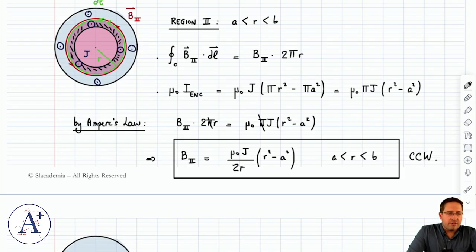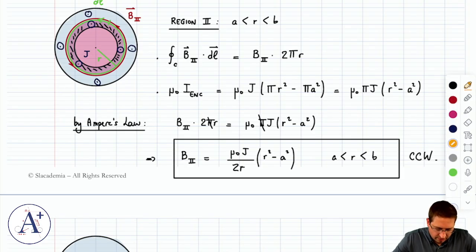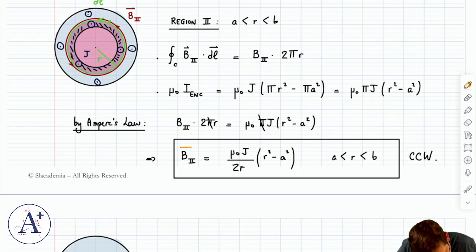If you want to do it with vectors, or you might see it written with vectors, then you'll find that it's vector B2, and then the vector that says counterclockwise is theta hat. r hat means radially outward, theta hat means counterclockwise. And so if you write theta hat, everybody will understand what you mean. So this stands for counterclockwise.